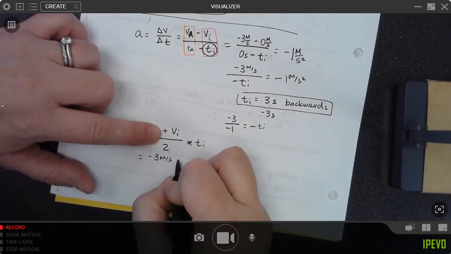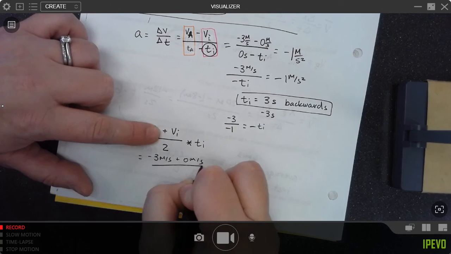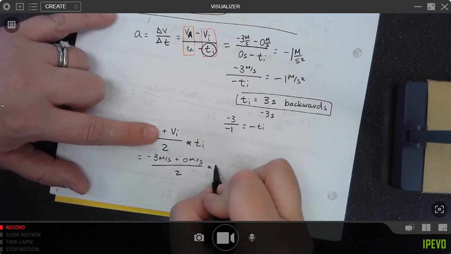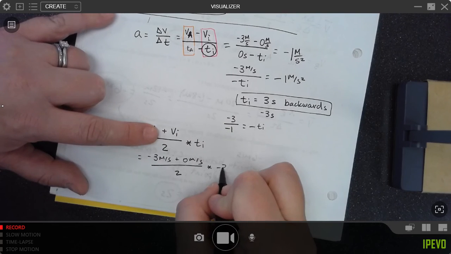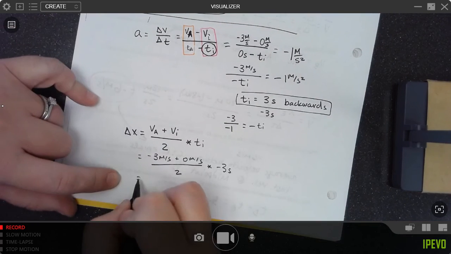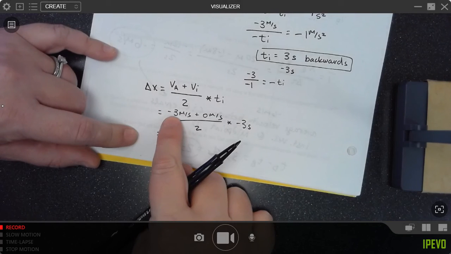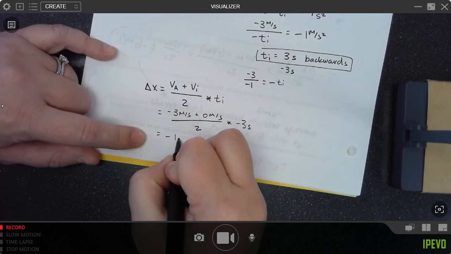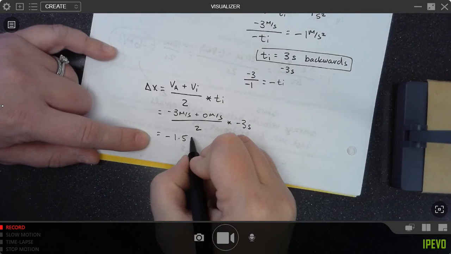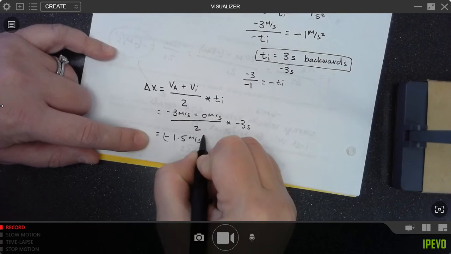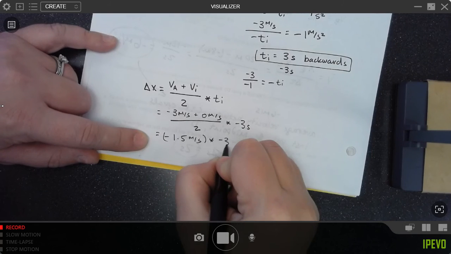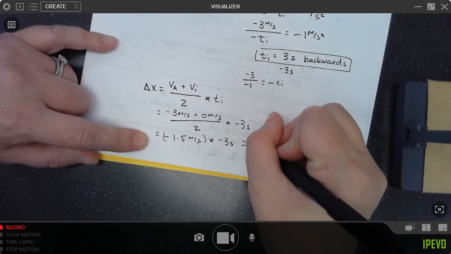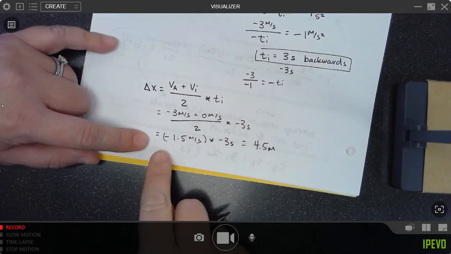Our initial velocity is 0 meters per second divided by 2, times, remember we're going backwards in time, our minus 3 seconds. All right, what's minus 3 divided by 2? So we got minus 1.5 meters per second times minus 3 seconds gives us 4.5 meters. And this number is positive, right?